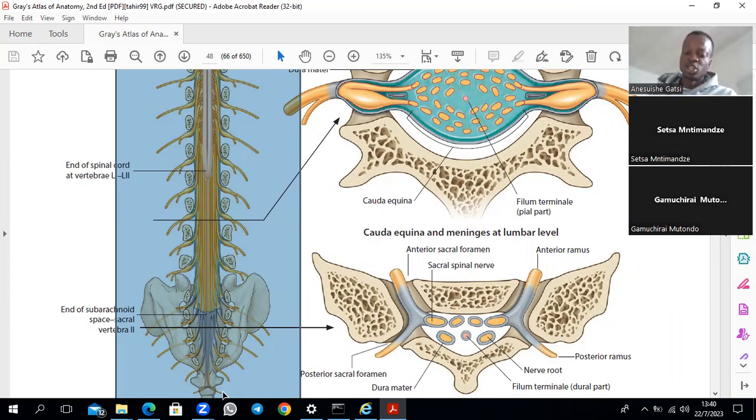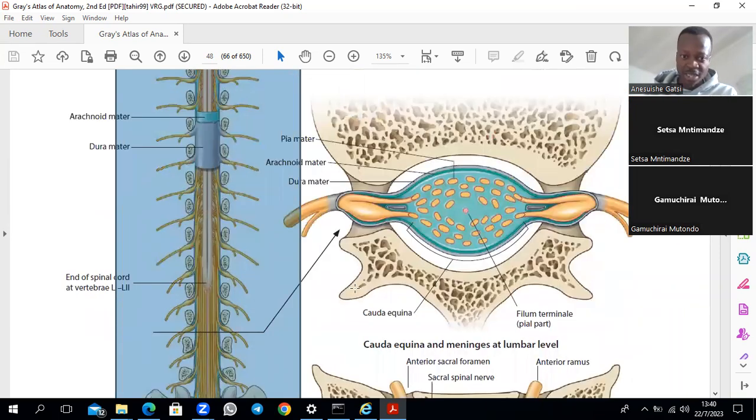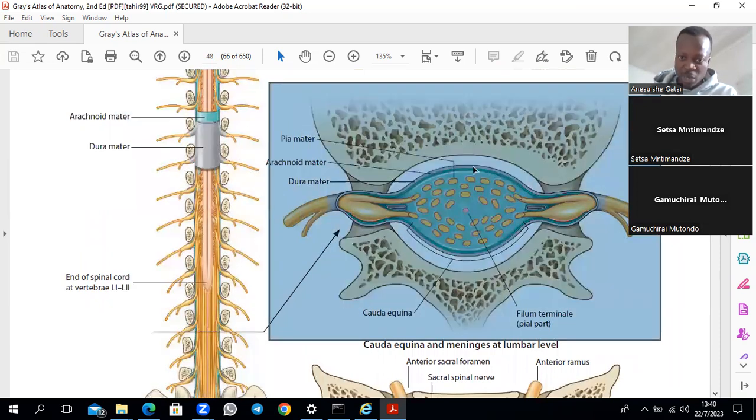So between the dura mater and the vertebral bone, there is a space there, an empty space, which we call the epidural space or extradural space.